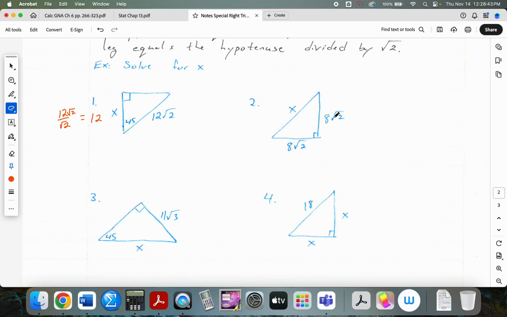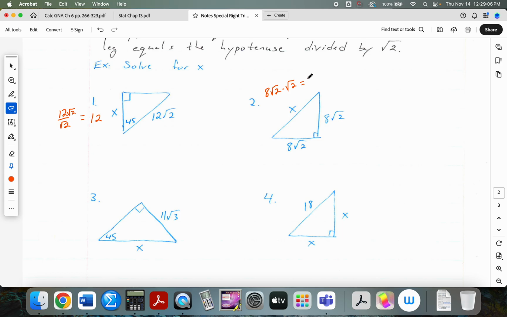All right, here we have the legs and we're looking for the hypotenuse. You can do the Pythagorean theorem on this problem if you really want to, but it takes time. It takes much less time to go, okay, the hypotenuse is going to be equal to the leg times the square root of 2. Which is 8 times 4, which is 32. Try again.